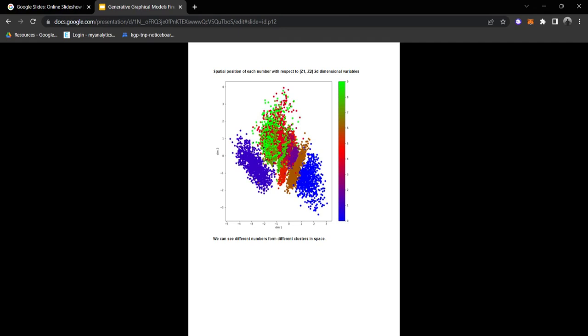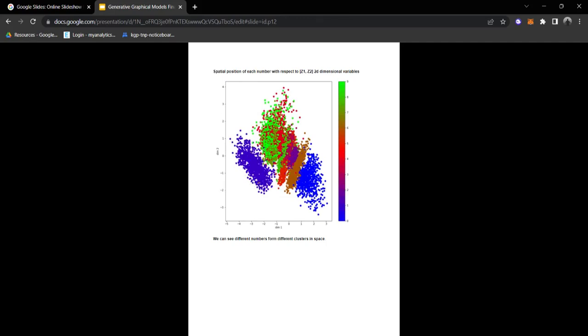Now we can see the spatial position of each number with respect to Z1, Z2. As we discussed, we use a 2D latent dimension so that we can visualize the dimensions using a plot. We can see the numbers 0, 1, 2, 3, 4 form several clusters in the space. If my Z1 ranges between -4 to -2 and Z2 ranges between -2 and 1, then this area refers to the number 0.